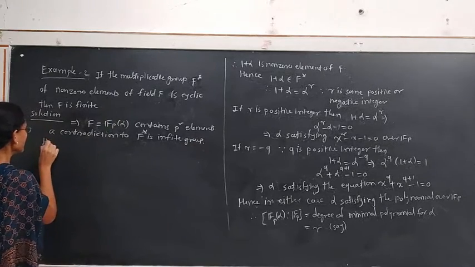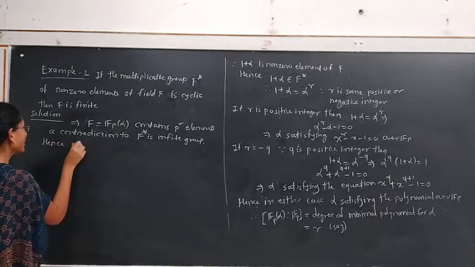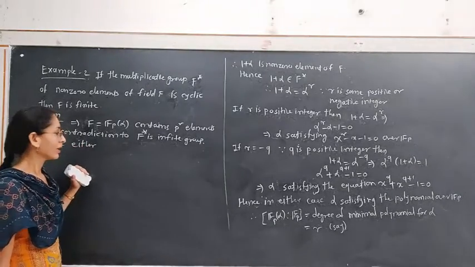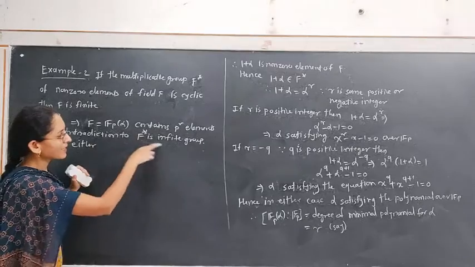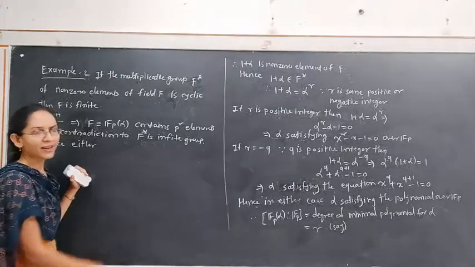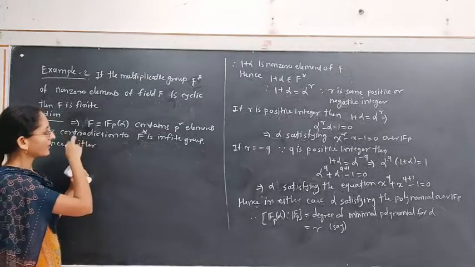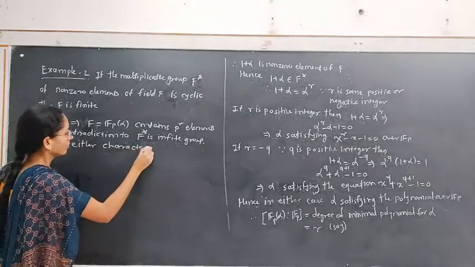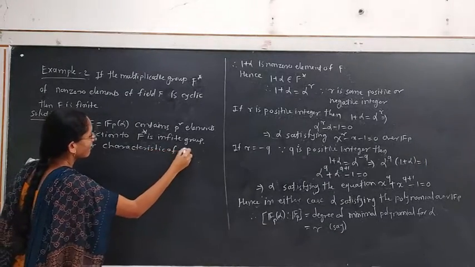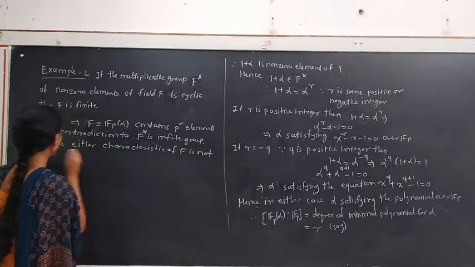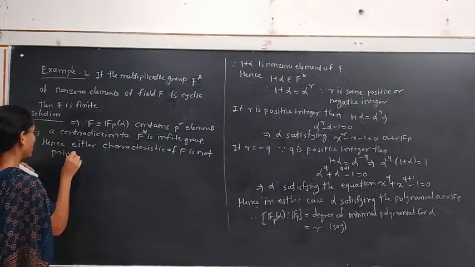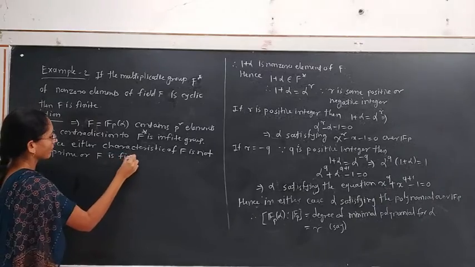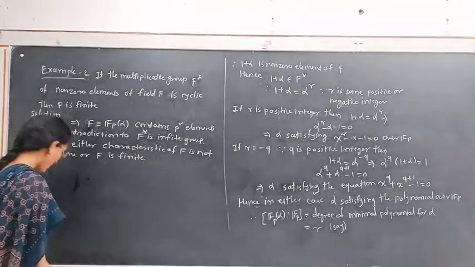Hence, what is our assumption? If F is a field with characteristic p and F star is an infinite group, either F star is finite or the characteristic of field F is not a prime. Either the characteristic of F is not a prime number or F is finite. Hence we go to case number 2.